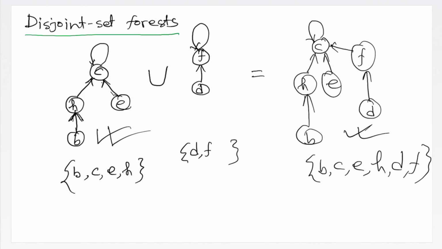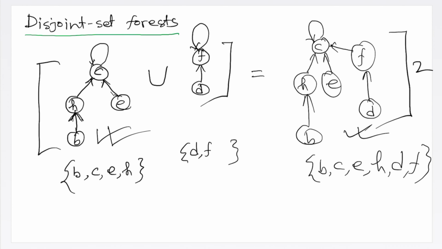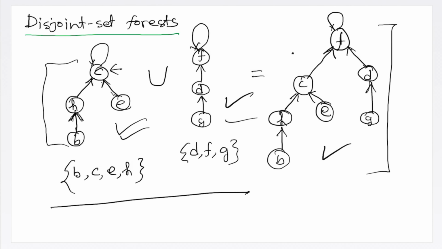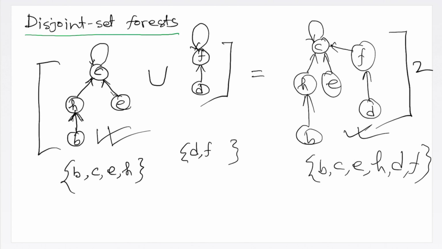In the second situation, we had a tree of height 2 and we had a tree of height 1. In the combined one, we generated a tree of height 2. Notice that our target is to make sure that the height is always optimal. That means as minimum as possible. This gives us the idea of union by rank.